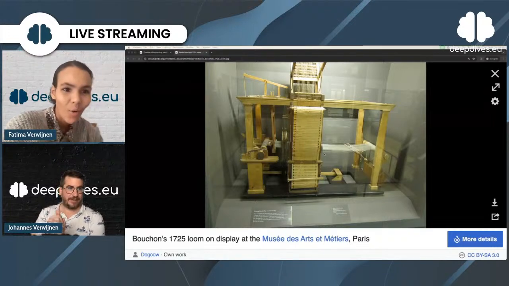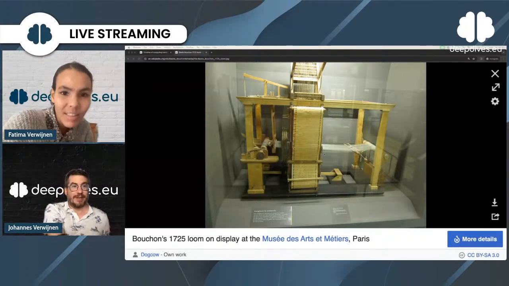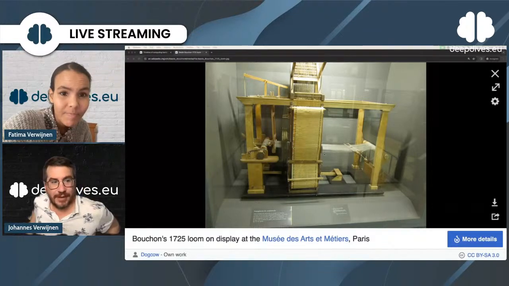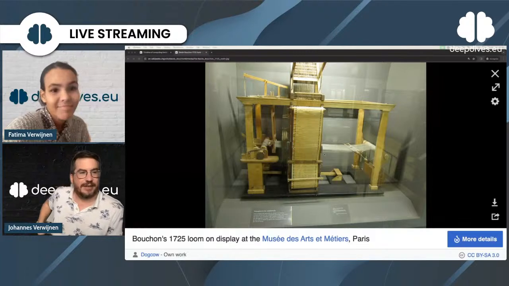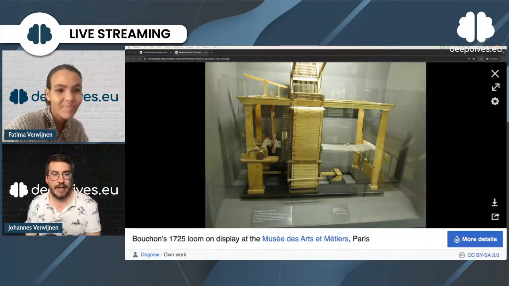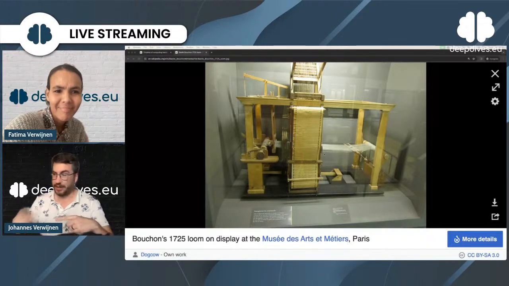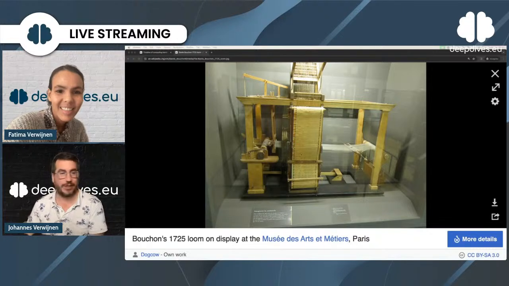But what else? Paper with holes in it? There used to be these automated pianos in the 1800s that would play keys automatically based on these kinds of paper sheets as well.